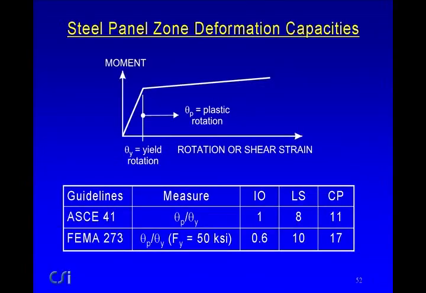And these are pretty big differences. I don't know why these differences occurred, but let's just indicate this is a highly inexact science, because FEMA 273 is not that old. But somewhere between 273 and ASCE 41, somebody decided that it was necessary to reduce the capacities by more than a third. So it's a pretty inexact process.